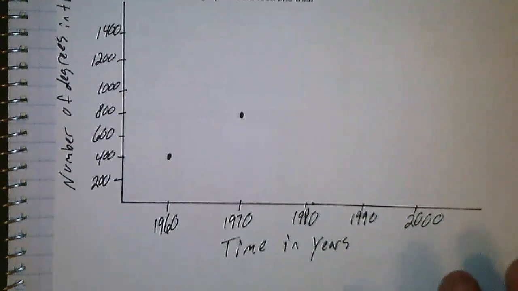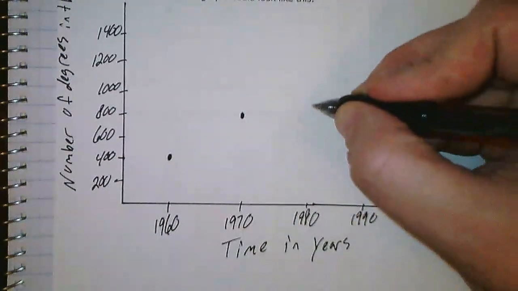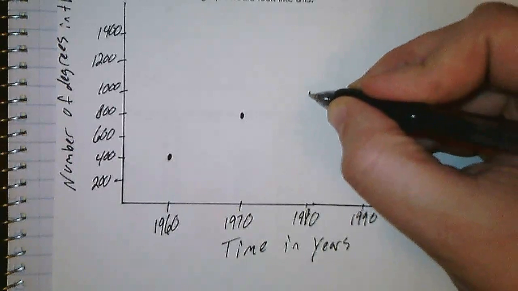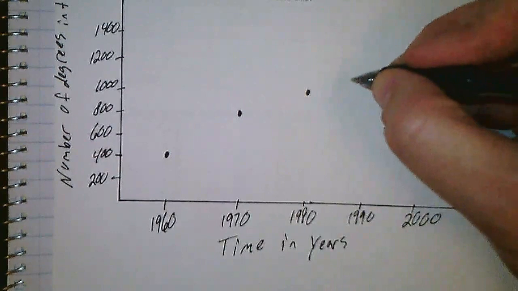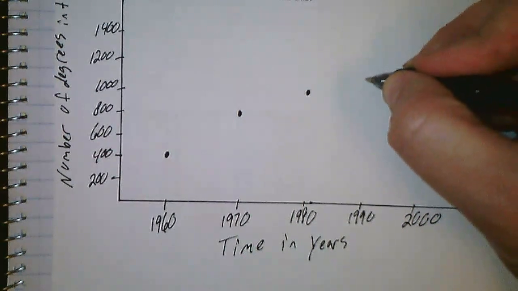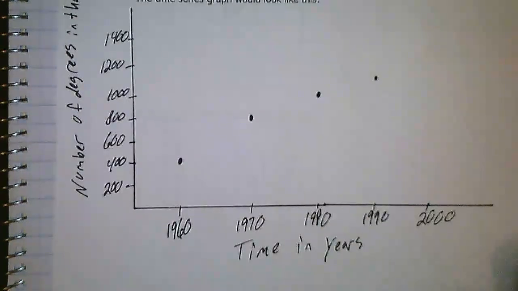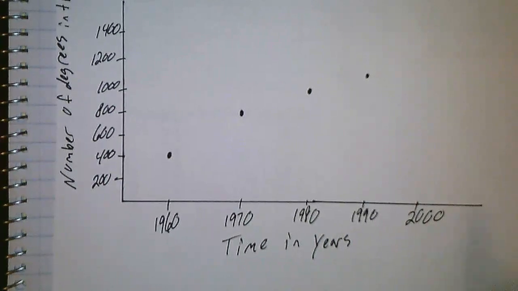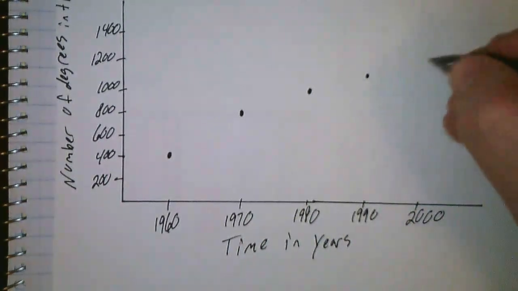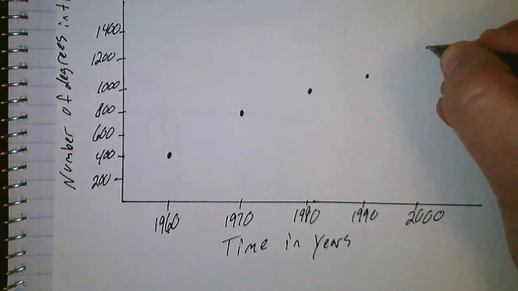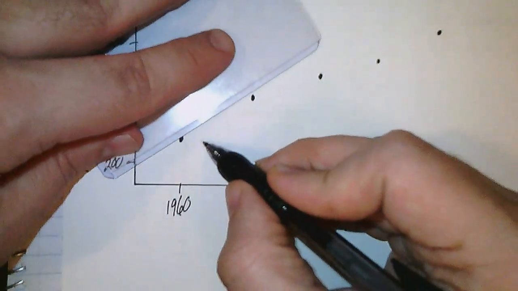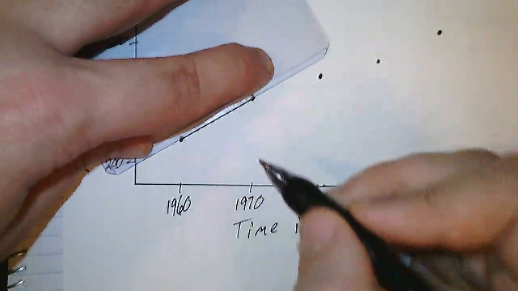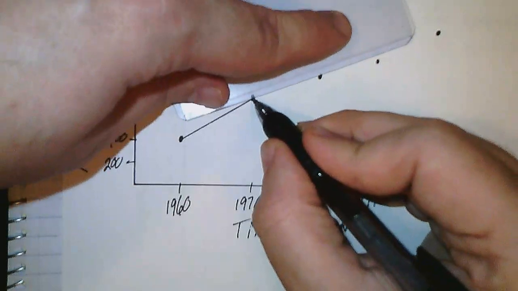We'll connect these in a bit. 1980 is 955, so that's somewhere around here. In 1990, there were 1,020, so above 1,000. And then a bigger jump here. In 2000, we're up at about 1,220. And then we can just connect the dots to make our time series graph.